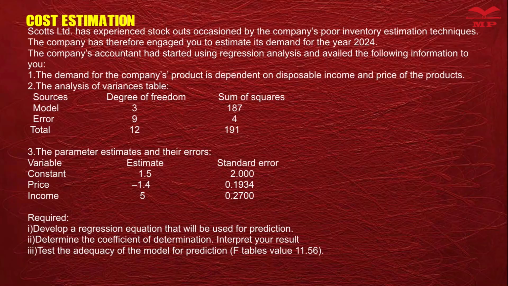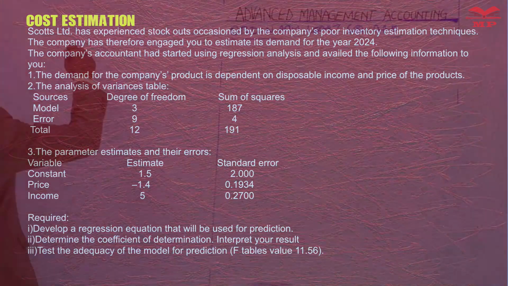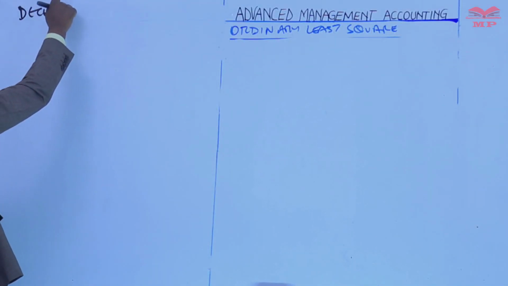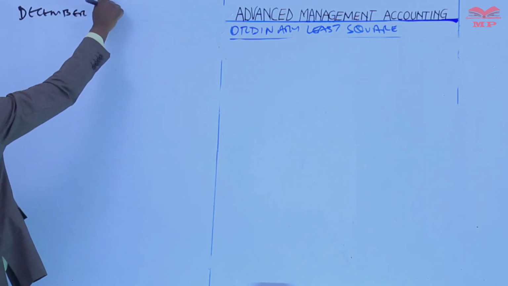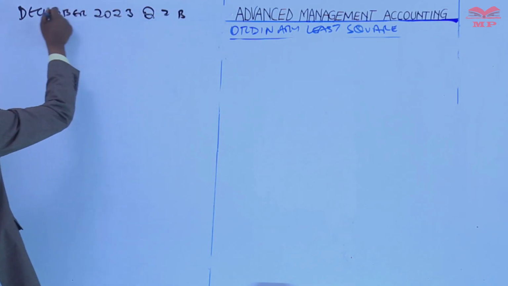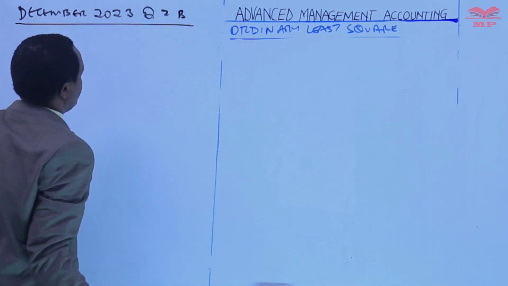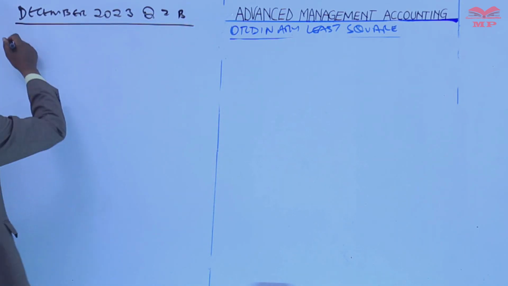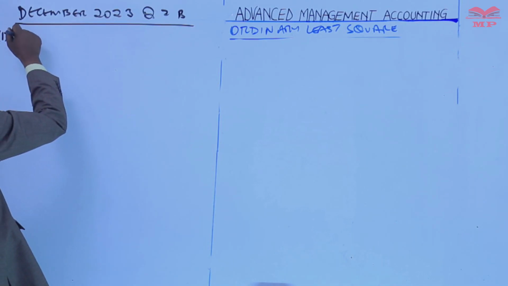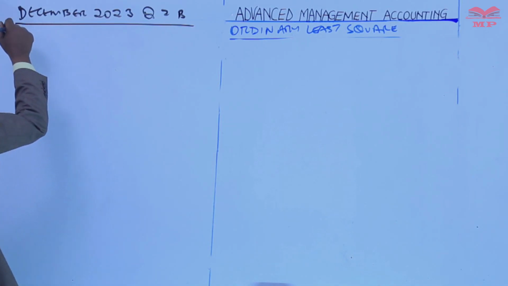December 2023, question 2B. Roman 1. What is the requirement? Regression equation.